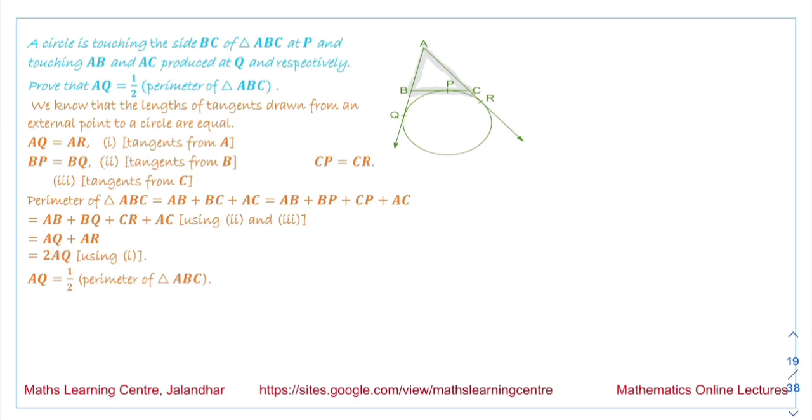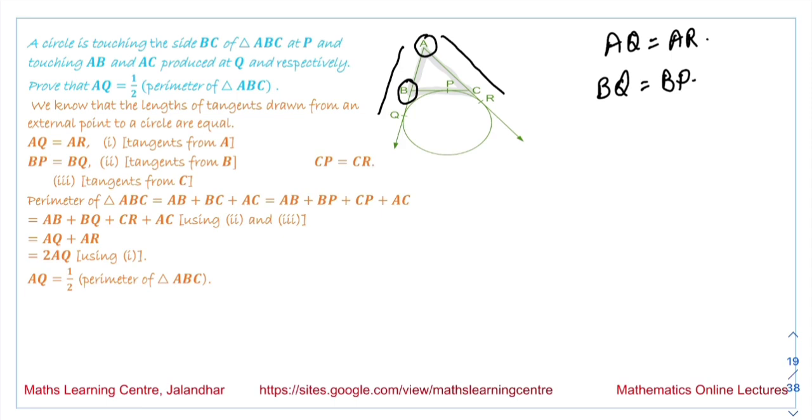Now if we look at this point A, then this length AQ and this length AR both will be equal, because these are the tangents at the points Q and R. If we consider the point B, then BQ is equal to BP, because BP and BQ are also tangents.